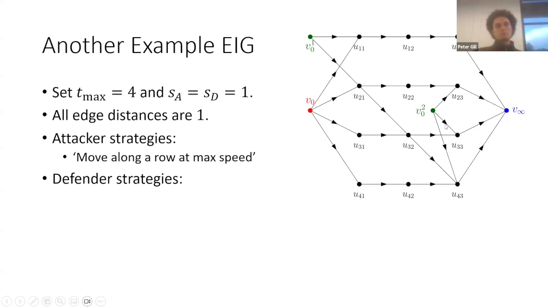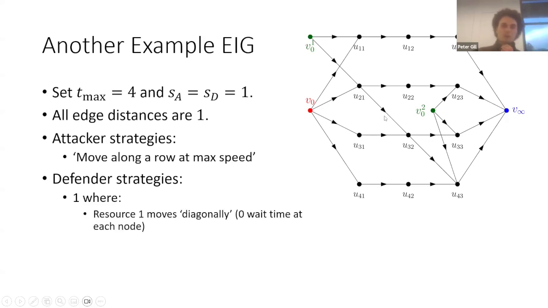And the defender has 2 types of strategies. One where this police officer up here just moves diagonally along this entire diagonal, like a bishop in chess.